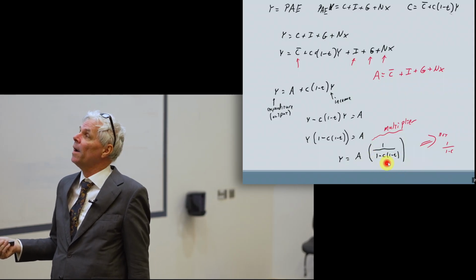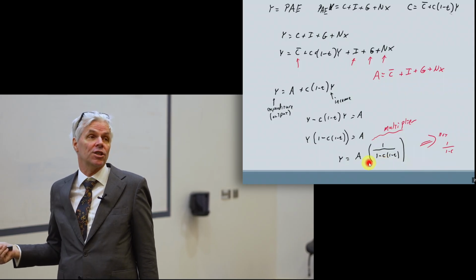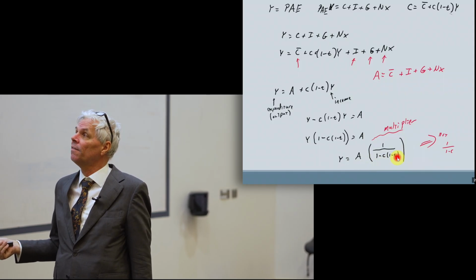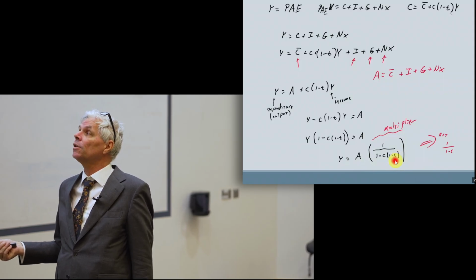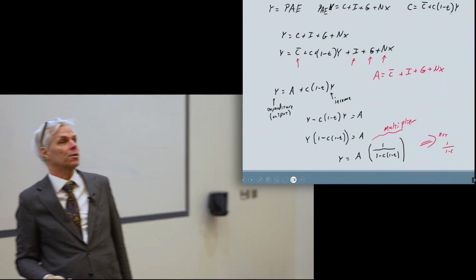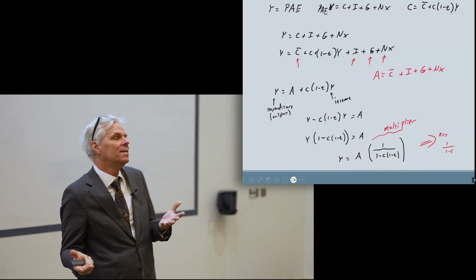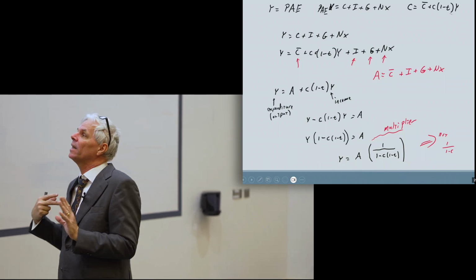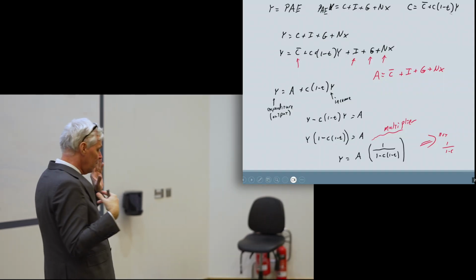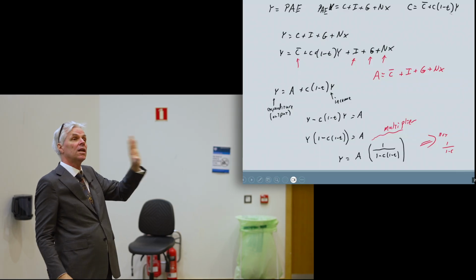Okay, so it's 1 minus c times 1 minus t. c is the marginal propensity to consume. That is a fraction. t is the percentage that the government takes in taxes. Now, potentially it could be anything. It could be 120% of what you make, right? It could be anything. But in real life, it is a fraction itself. They take a fraction of your income. So if we restrict ourselves to sensible marginal propensities to consume, that's going to be a fraction.